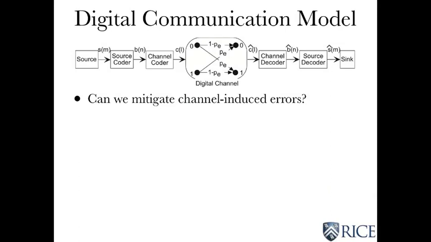We have a digital source, and it goes through the compression stage, and we then go through the channel coder, which introduces the error correcting codes. It gets sent through a channel that has a probability PE of flipping a bit. And we've already seen there are error correcting codes such that the decoder can correct those errors as long as there aren't too many of them.